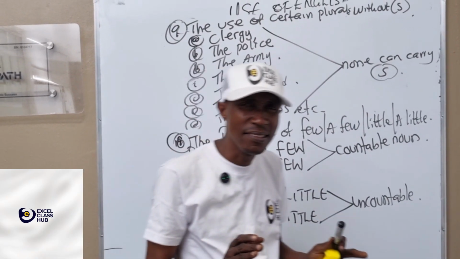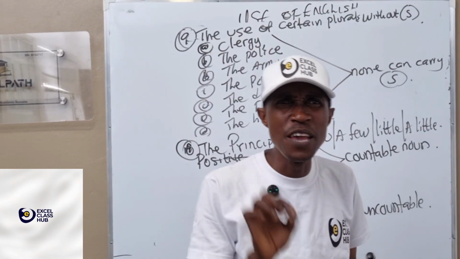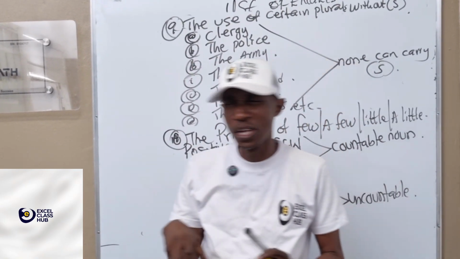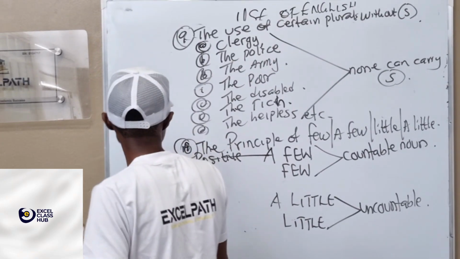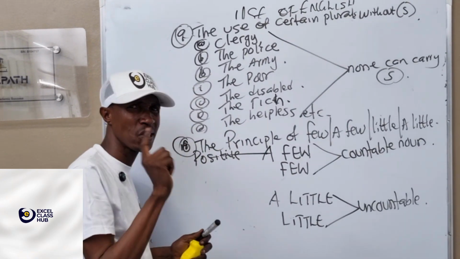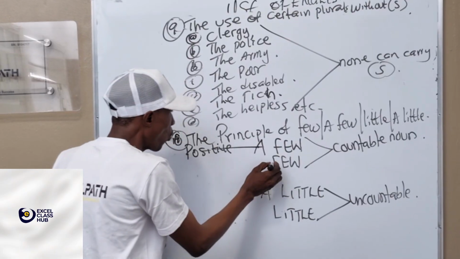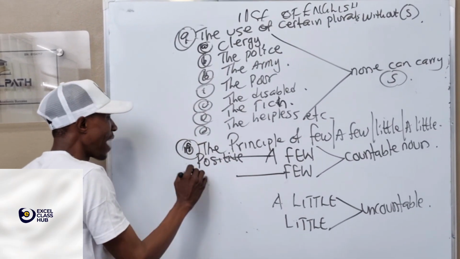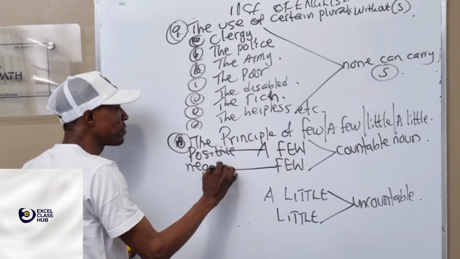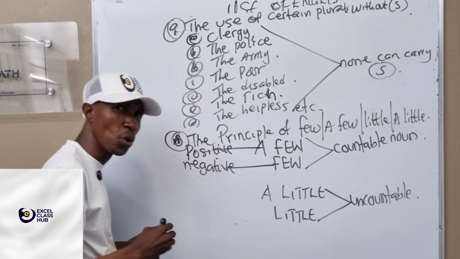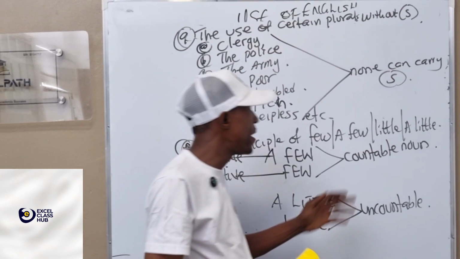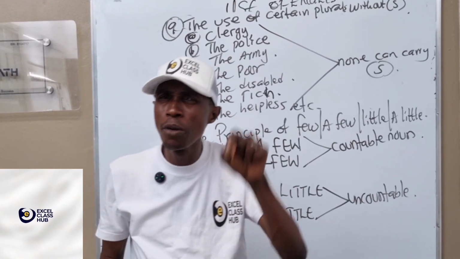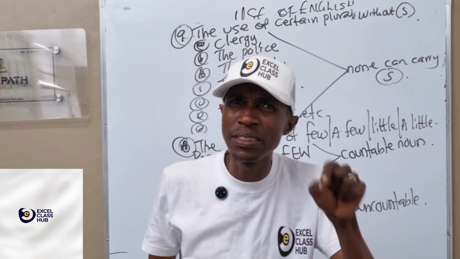Easiest way to get it. Whenever a few is to be used in a question, just know that that thing is related to something positive. Whenever you want to use few, just note that it is related to something negative. Take note, all must be based on countable nouns.